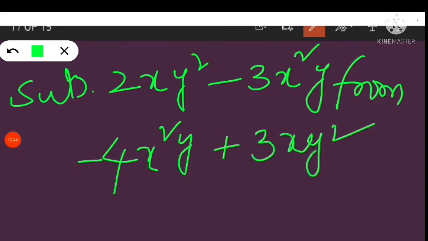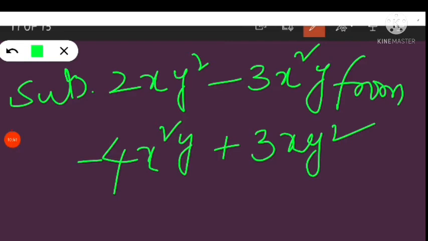This is the question I have taken. Please note it down because I am going to erase the screen. The question is: subtract 2xy square minus 3x square y from minus 4x square y plus 3xy square.